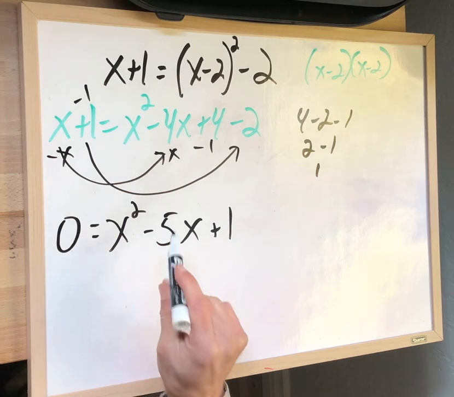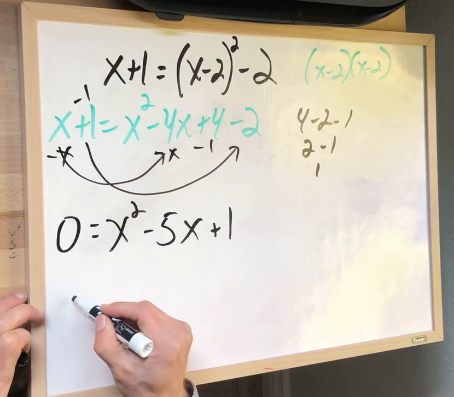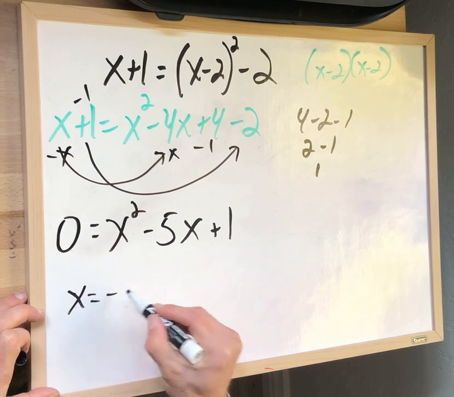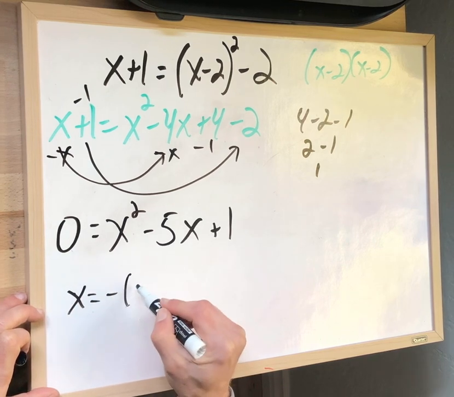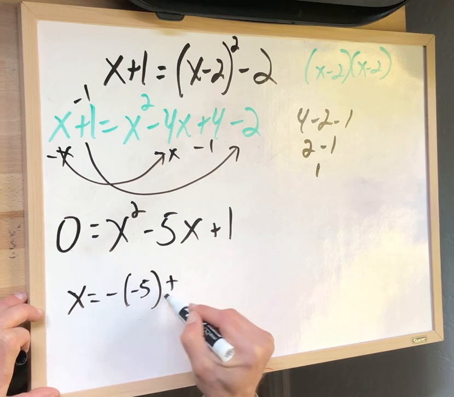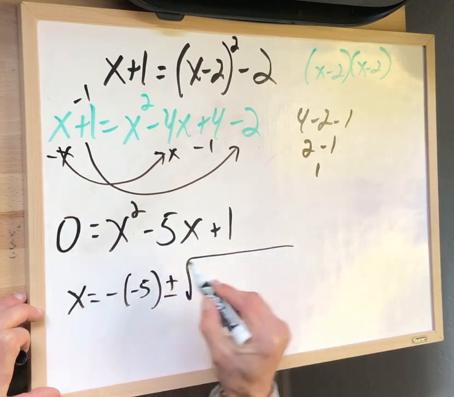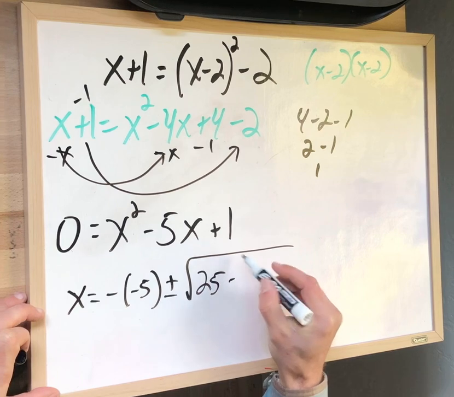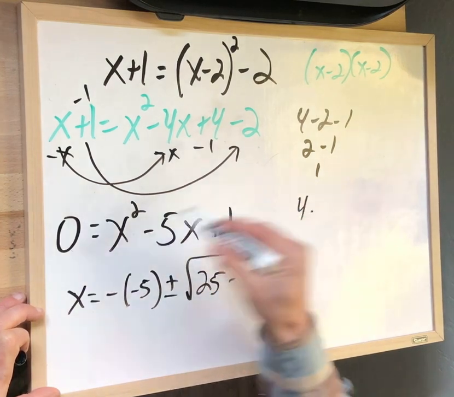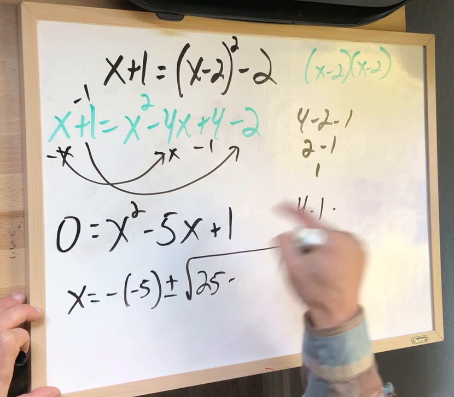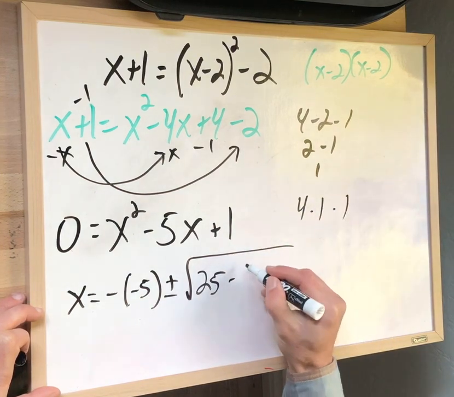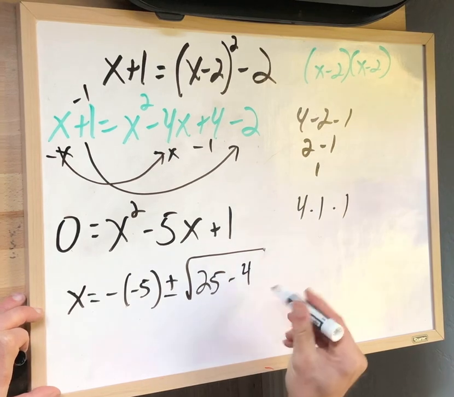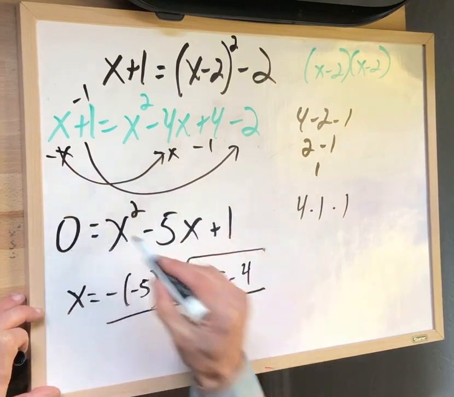Well, I have to solve using the quadratic equation. So what I'm going to do is x equals negative b plus and minus the square root of b squared minus 4 times a times c. 4 times 1 times 1 is 4, all divided by 2 times your a.